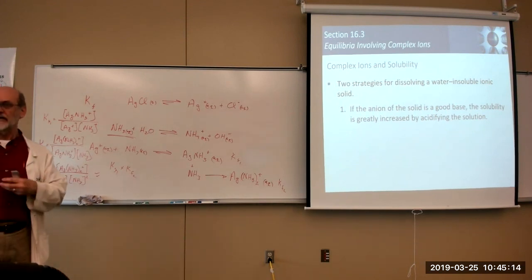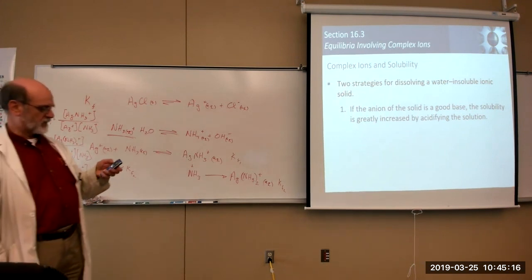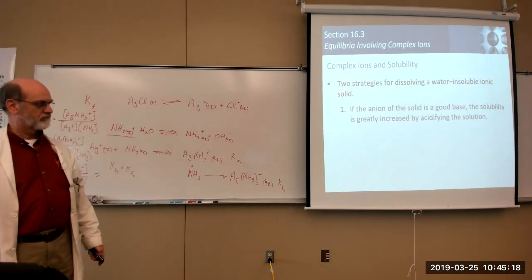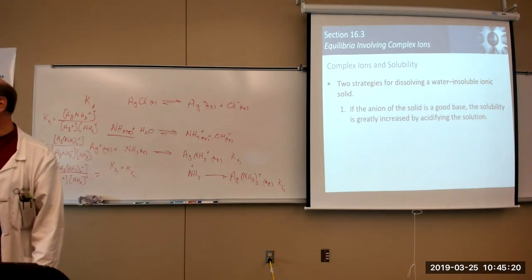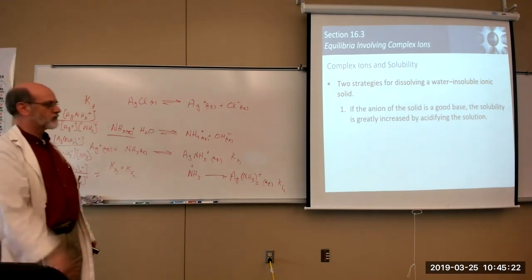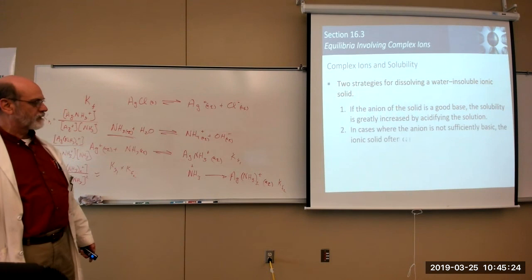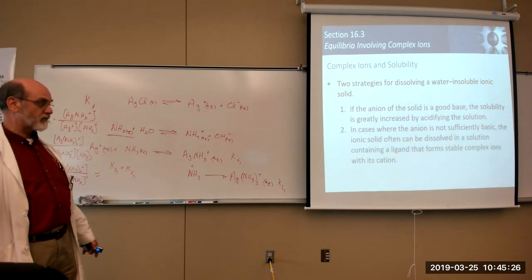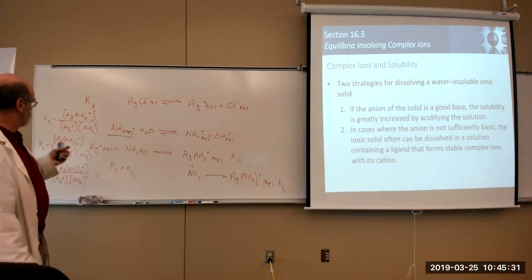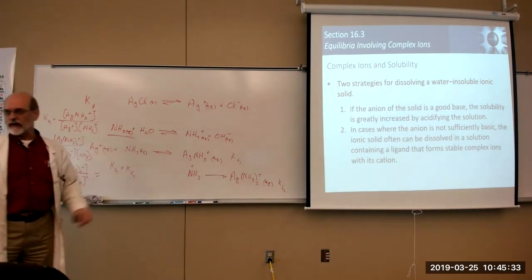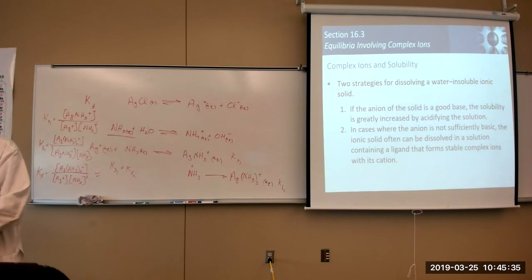You acidify it, the conjugate base picks up a proton and drives the reaction that way. If the anion is not basic, then very often choosing the right ligand can solubilize it. And that's what we're going to do with silver in 2 weeks.